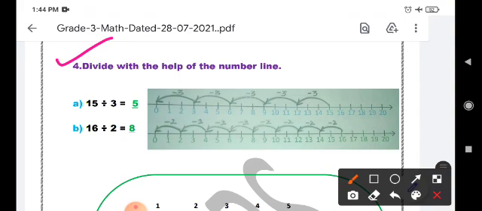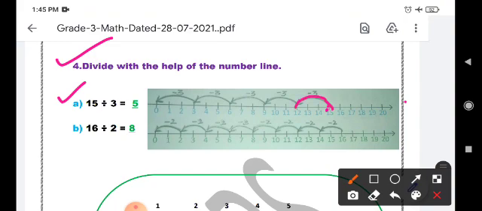Divide with the help of the number line. This is a number line given from 0 to 20 and your first part is 15 divided by 3. That means you are going to start from 15, that is here. And in the middle, you are going to subtract first. As division is repeated subtraction, 15 minus 3 is 12. You are going to hop and stop at 12.